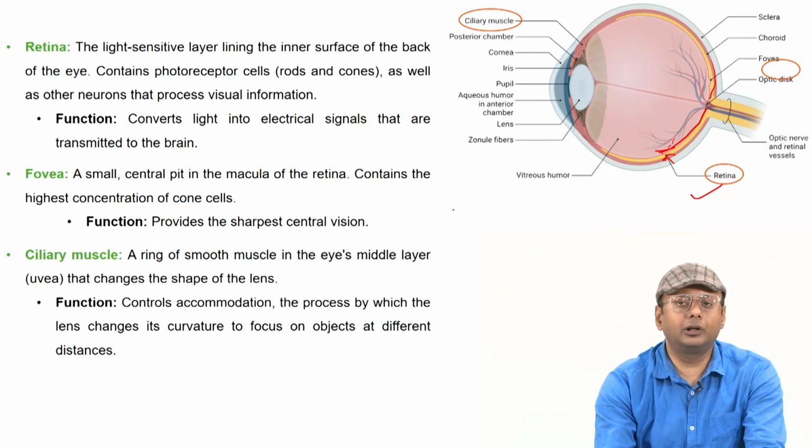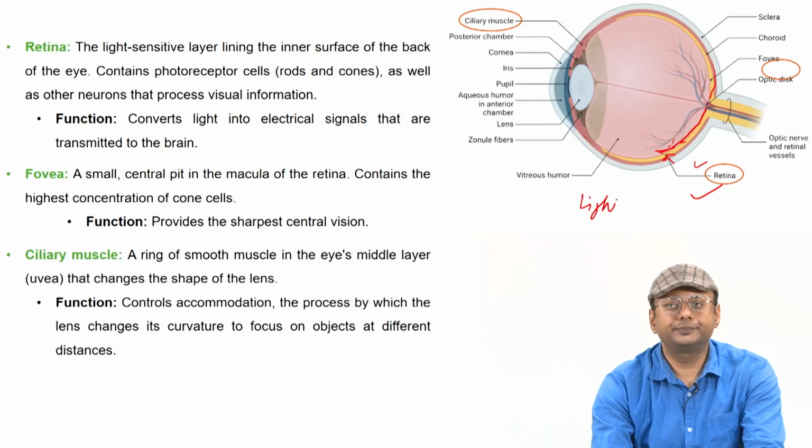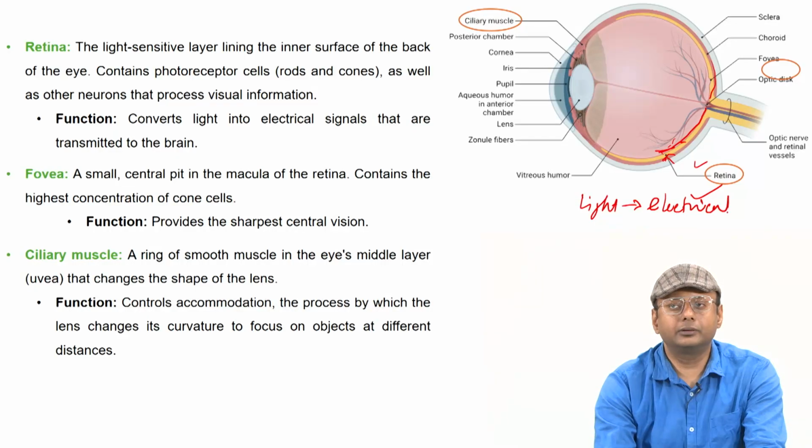And as you all know, the function of the retina is basically converting the light signal to an electrical signal that then gets transmitted to the brain. So the retina is such an important area where the light signal gets converted to the electrical signal, and then it gets transmitted to the brain.